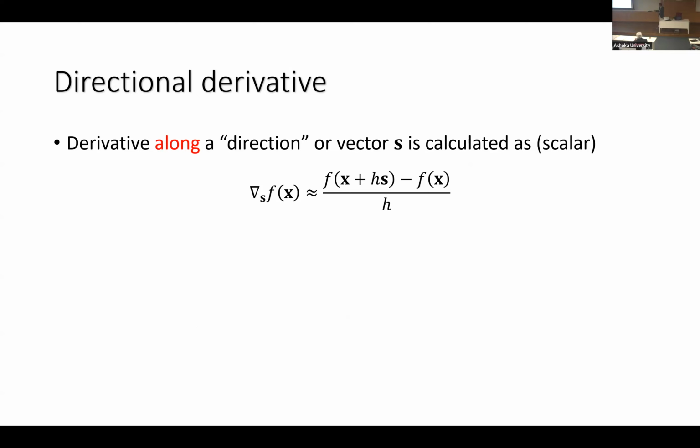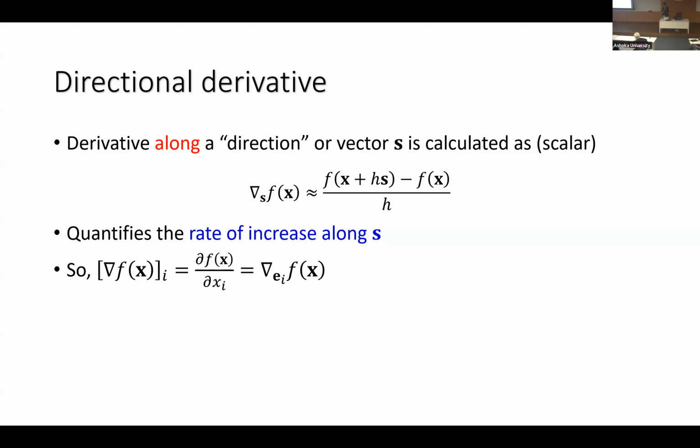So (f(x plus hs) minus f(x)) by h. Generally, we take s to be a unit vector so that it is only denoting a direction. And this quantifies the rate of increase of the function along s, how much the function has increased from f(x) as it goes along s. So that is the directional derivative.